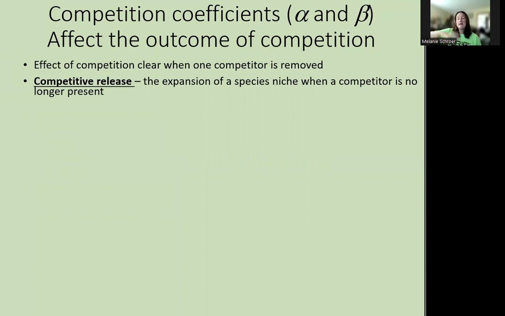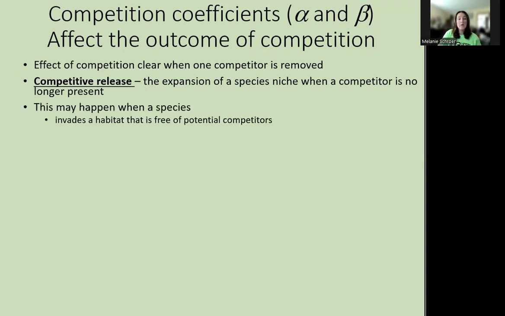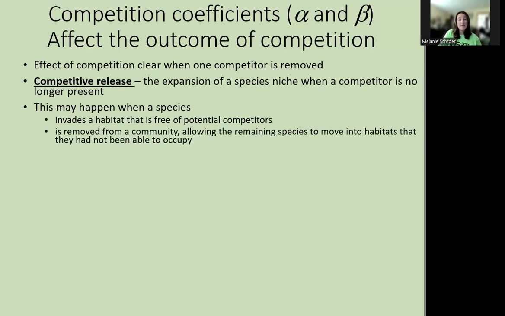And so if a competitor is removed for any reason, we can actually see the competitor species remaining behind expand to a larger niche. And so this can happen when a species invades a habitat that's free of potential competitors. A species can be removed from a community.